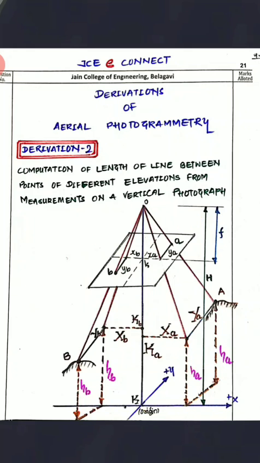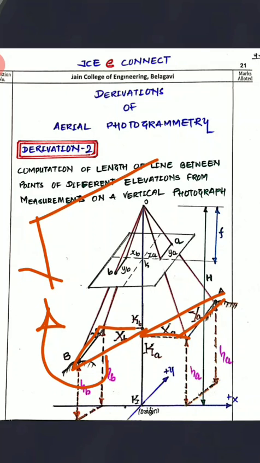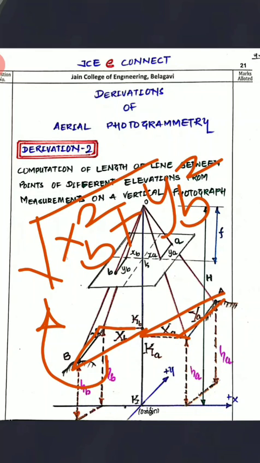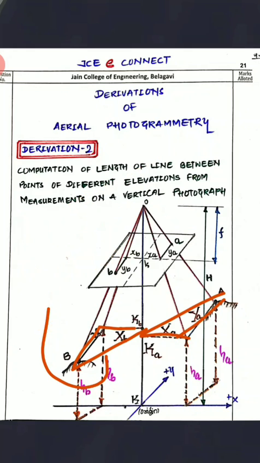Now in short, I'll tell you how to get that. You can have two triangles here, this is one triangle and here also you have one triangle. By using Pythagoras, what will this side be? This side is the square root of XB square plus YB square. This is the distance of B to the principal point.